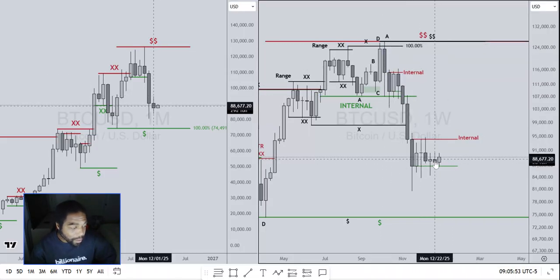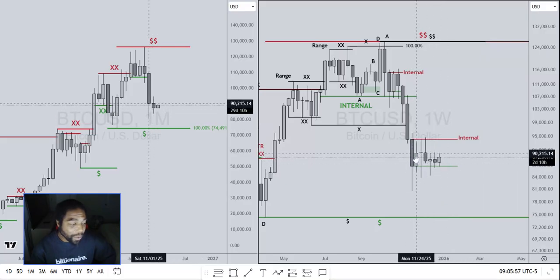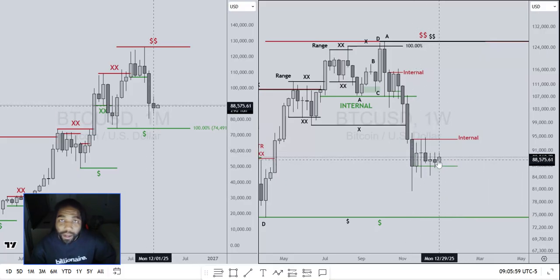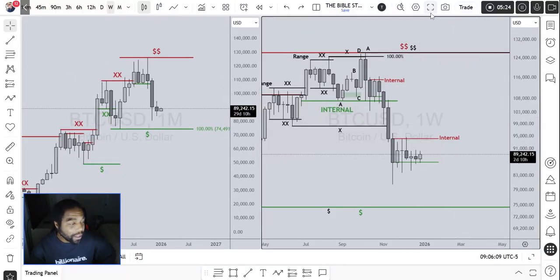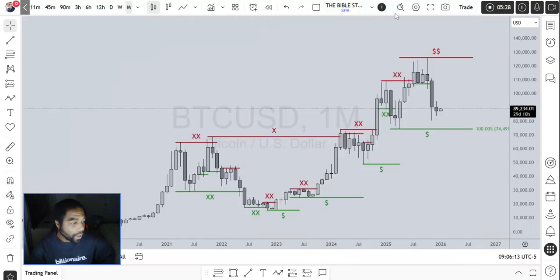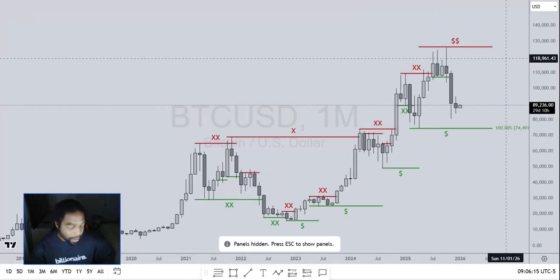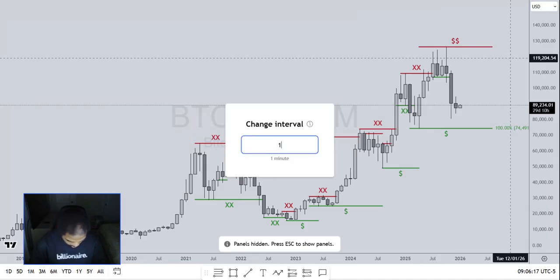Current price action, this is where we're at. So to determine what price is doing here on this weekly time frame, we scale down to the daily to understand and see what price is doing structurally inside of that weekly time frame.